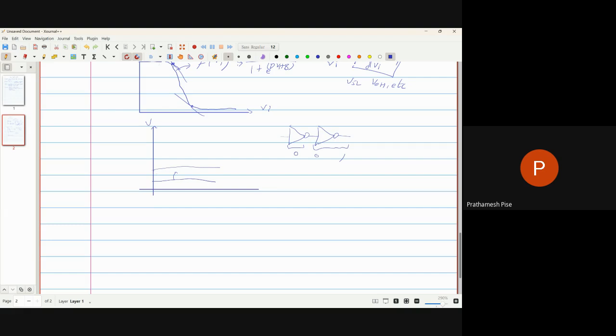If some high noise came, and this kind of situation happens, then the output of this gate will be 0, but this gate will get input as 1. This is exactly what we do not want.